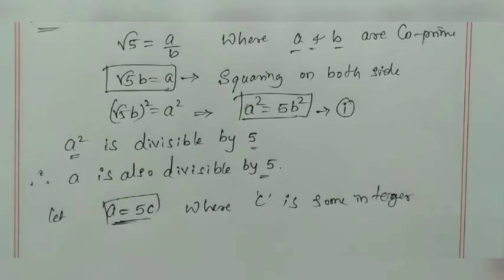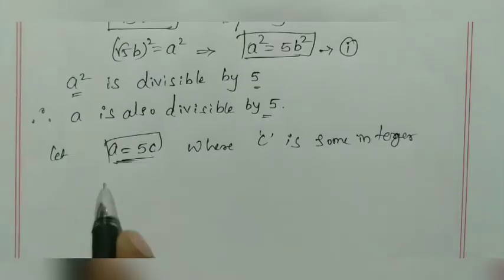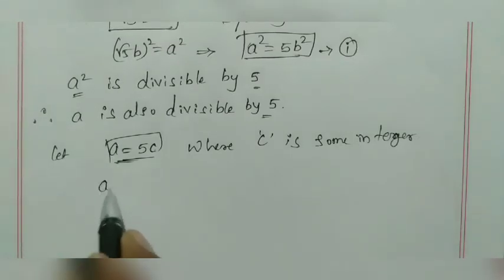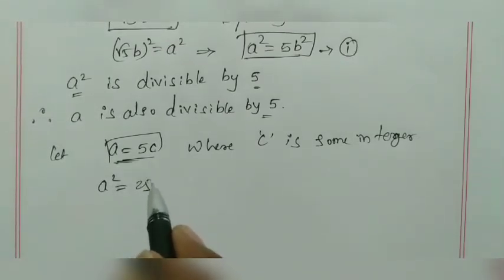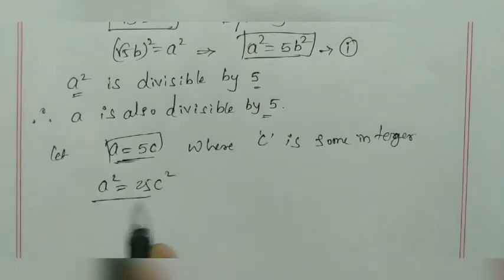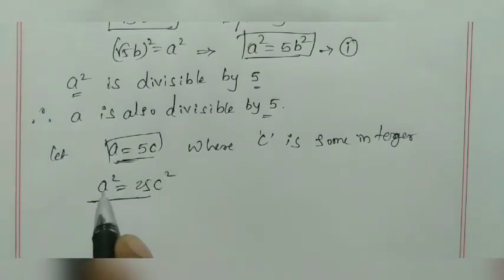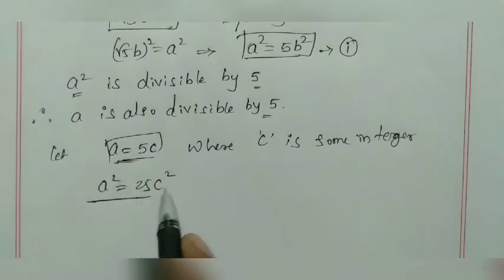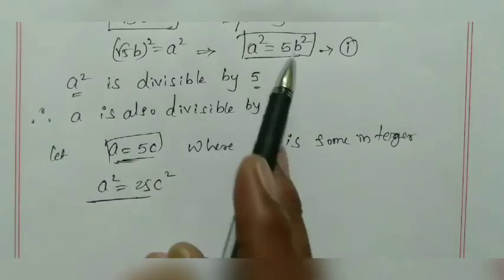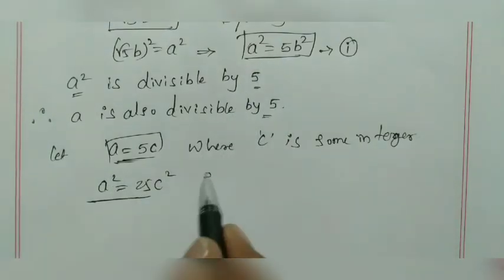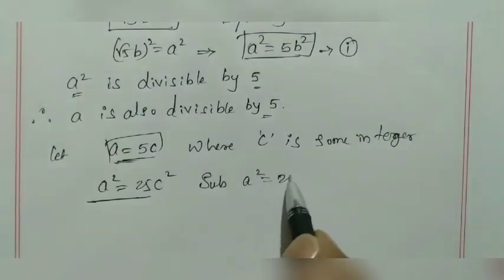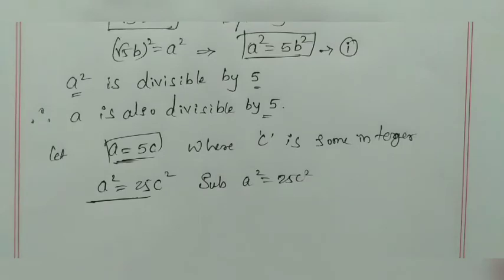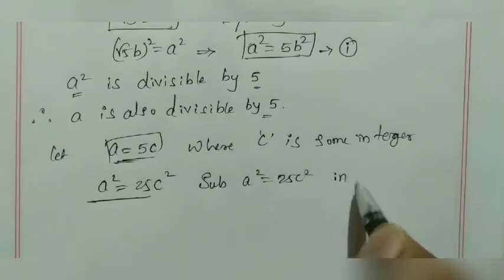After that you can square on both sides. Then a squared becomes 5c whole squared, which means 25c squared. So you can substitute a squared equal to 25c squared in equation 1.